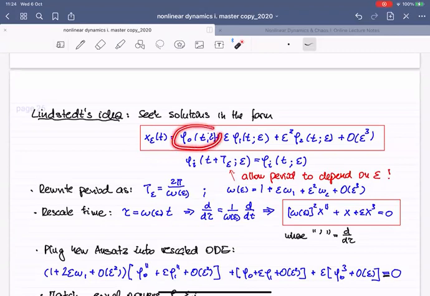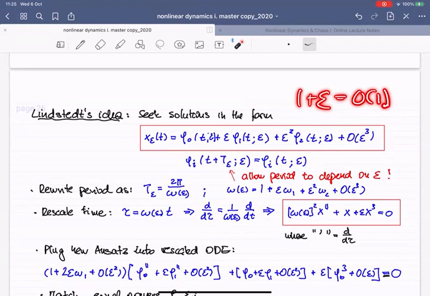So even my phi naught is allowed to depend on epsilon, but its overall magnitude is still order 1, right?